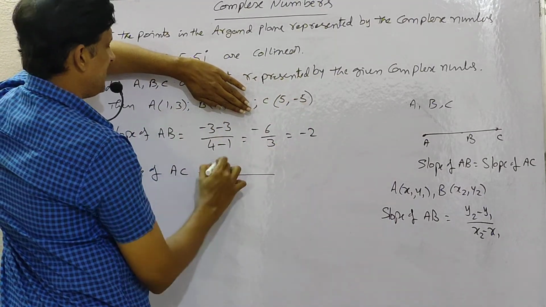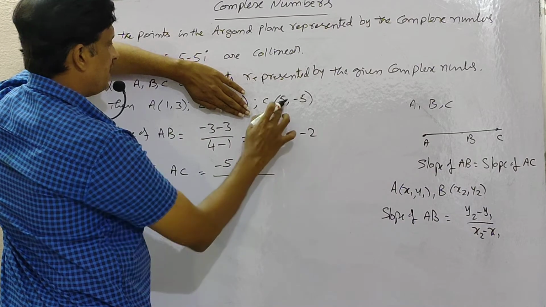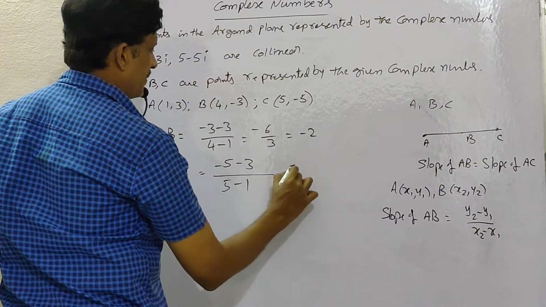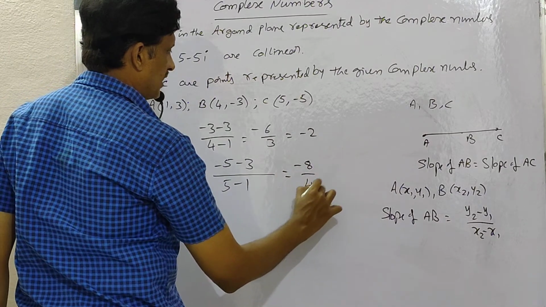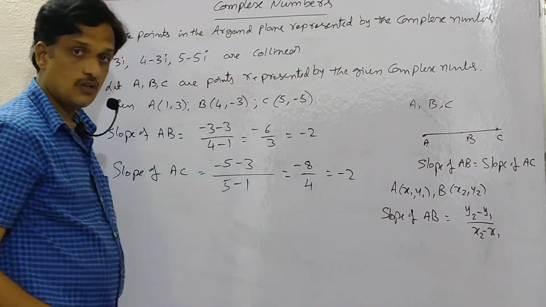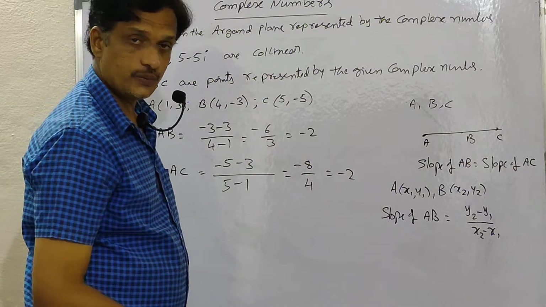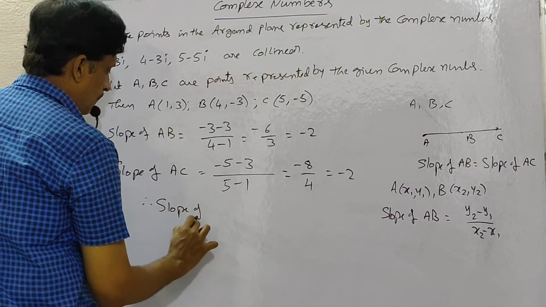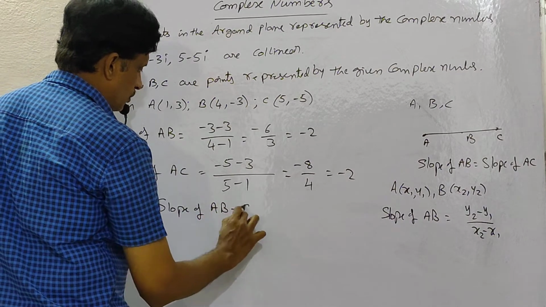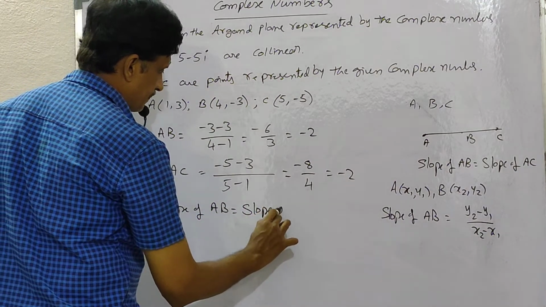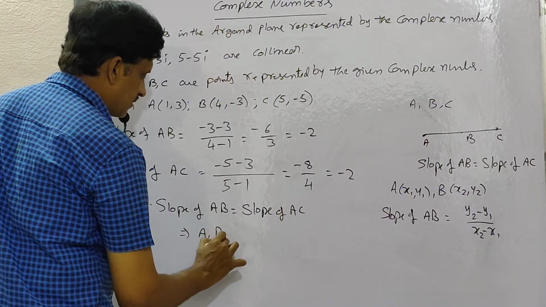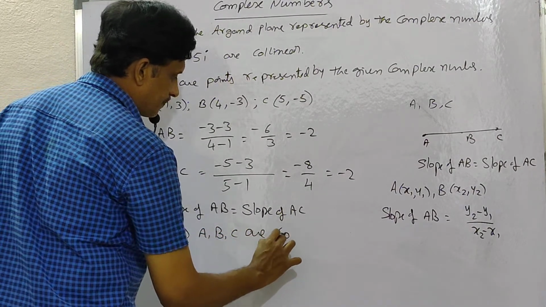Minus 5 minus 3 by 5 minus 1, that is minus 8 by 4, that is again minus 2. So we are getting the same value. Therefore, slope of AB is equal to slope of AC, which implies the points A, B, C are collinear.